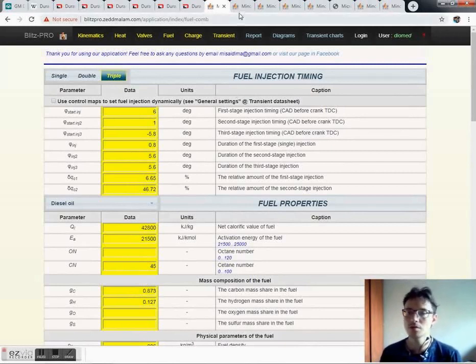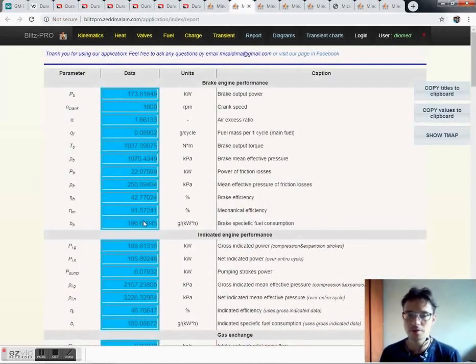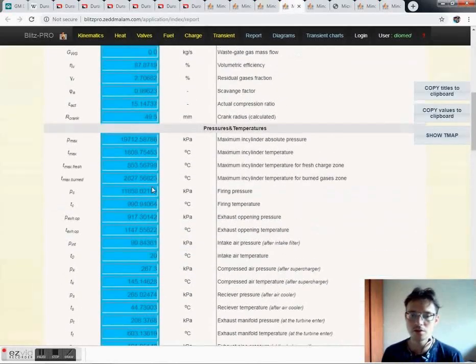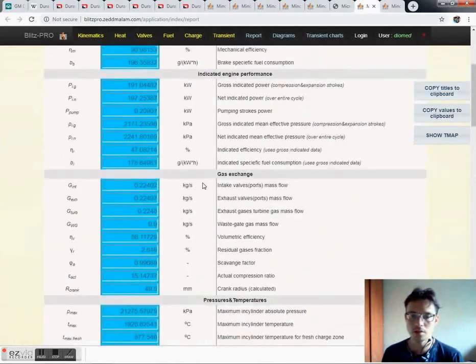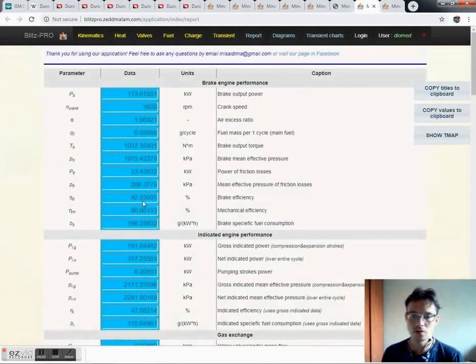So let's just compare the triple injection. Well, it provides a brake efficiency of 42.77%. Double injection makes 42.67, a little bit smaller, and the single injection makes 42.83.